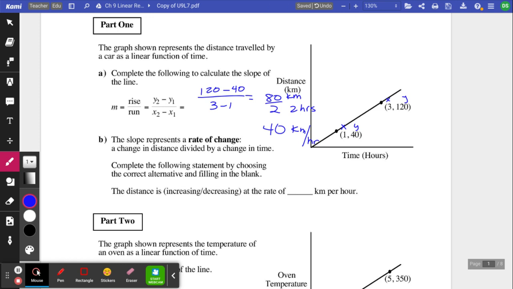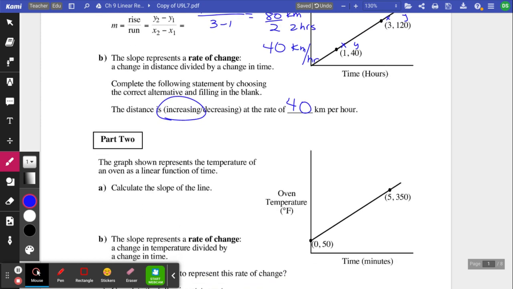So if he was 40 kilometers in 1 hour, and then 120 in 3 hours, I can figure out that the distance was increasing. It's a positive slope. You with me? Increasing at a rate of 40 kilometers per hour. Really nothing that you didn't know before, but it just puts a little bit of context to our slope.